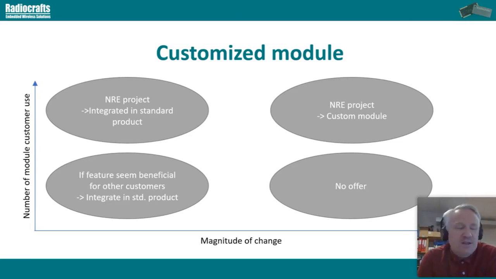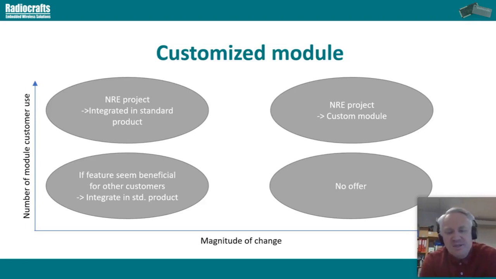Then we might just say, now you're the fourth customer who asked for this, so we have decided to put this into the next release of the standard product. So wait 3 months and you will have it for free. That is one possible solution. The other is that this is something one customer wants, and then you end up in the upper left corner, so we can make it for a specific customer, but later integrate it into a standard product.